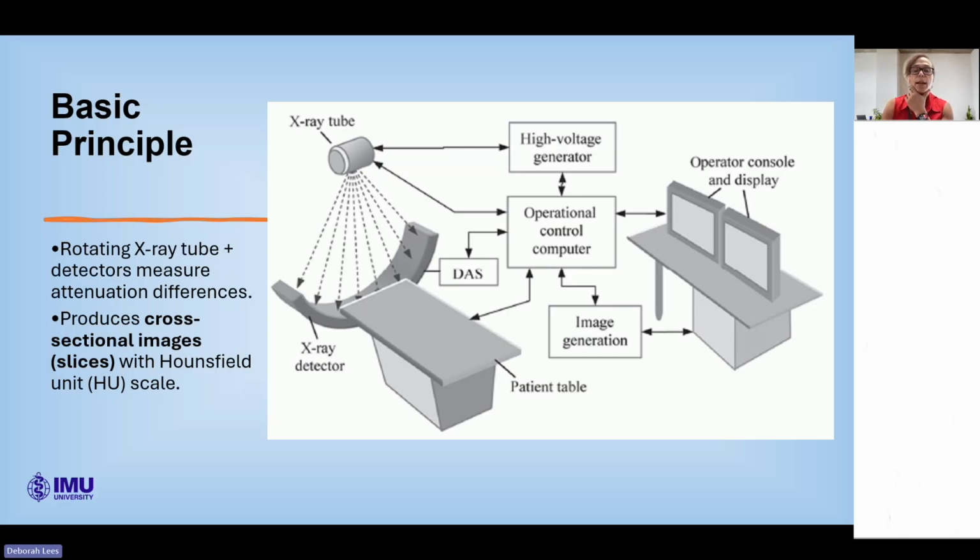And then your operator sits over here and with various software is able to optimize the images in terms of the contrast, get different sequencing. We have different windows. So with MRI, we used to have different protocols. With CT, we've got different windows because we're using Hounsfield units. So we can adjust the Hounsfield units to show us certain tissues in more detail.